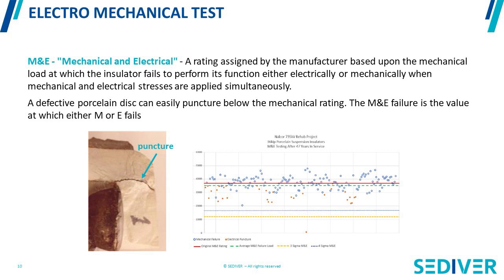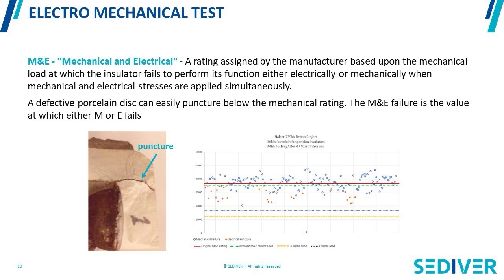Which is why for porcelain, as I said earlier, you have a test called the M&E test, the electromechanical test, where you apply an electric voltage simultaneously while you increase the mechanical load. The graph you see at the right of this slide shows M&E test results from insulators which have been removed from a line in Canada.